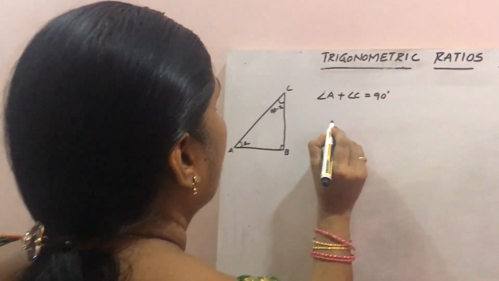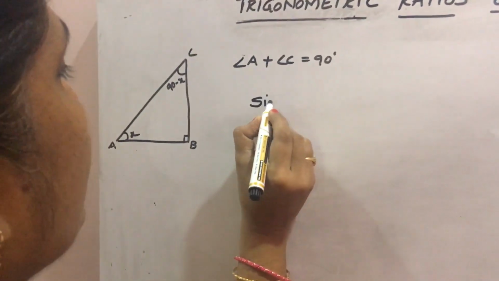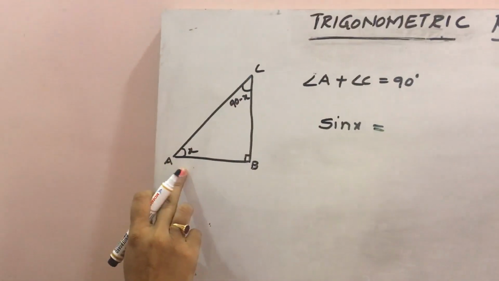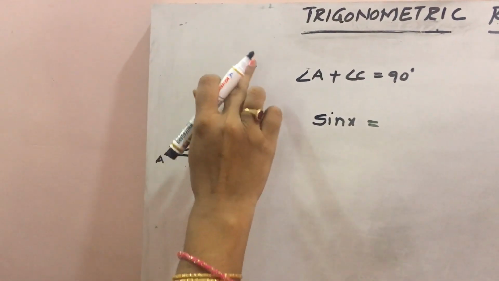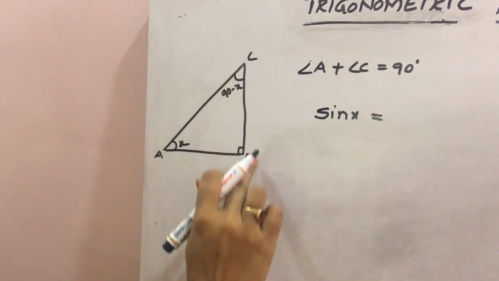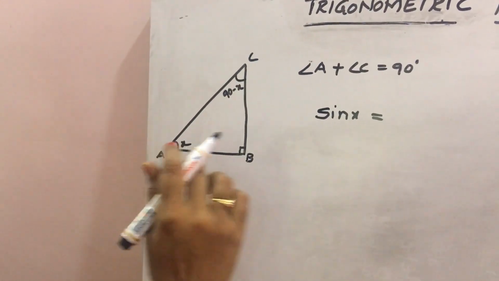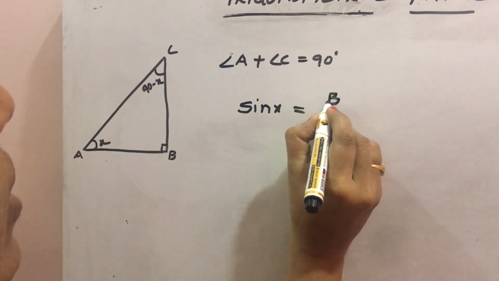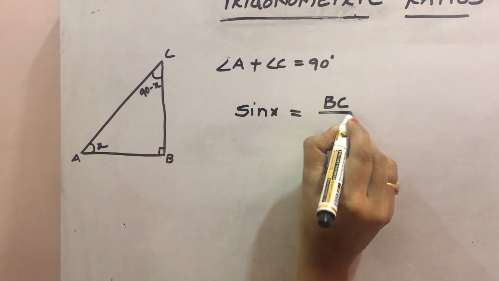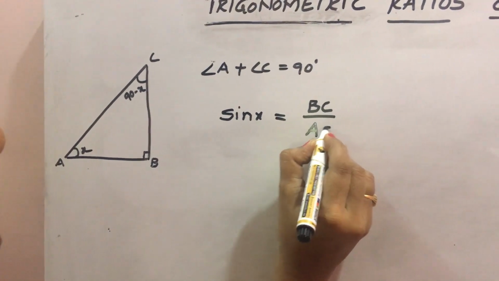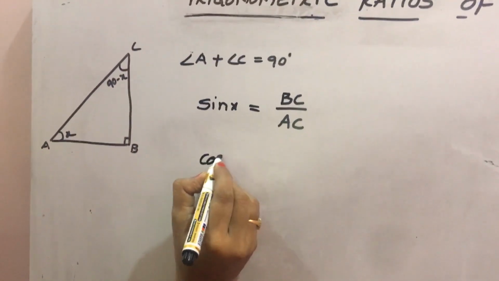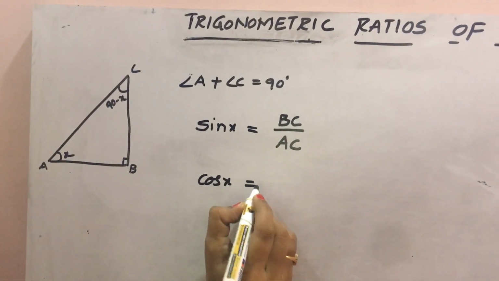See, sin X is equal to, in this triangle what is opposite side to X, BC. Hypotenuse is AC. By the definition of sin X, opposite side to X is BC, hypotenuse is AC. This is the ratio of sin X. Cos X is equal to, what is the definition?